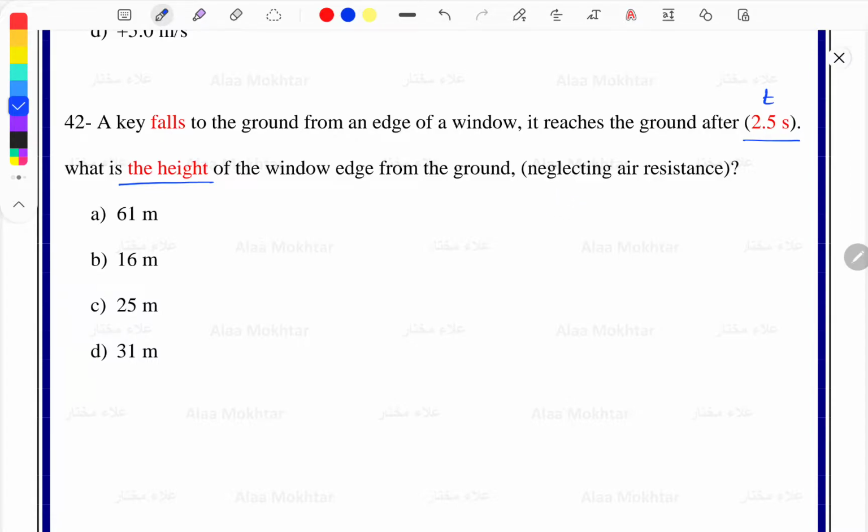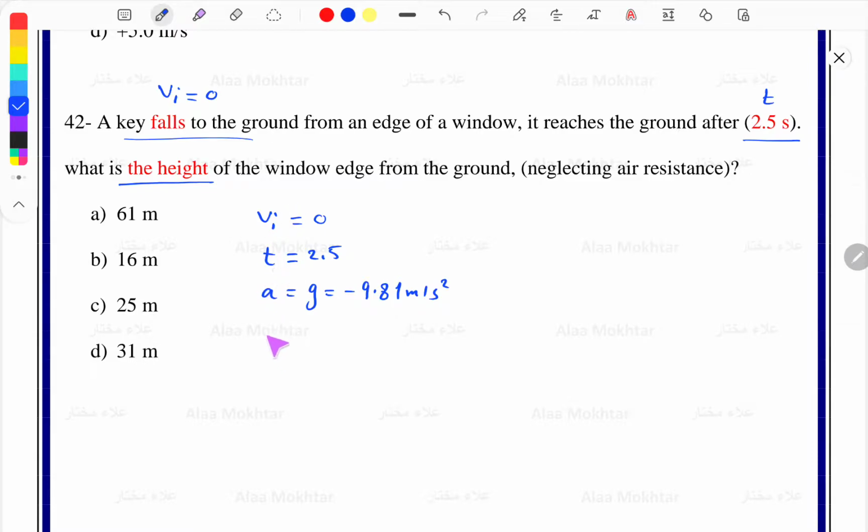Neglect air resistance. Okay, it falls, it means V initial equals 0. It takes time 2.5, and the acceleration equals gravitational acceleration. We can write it as negative 9.81 meter per second squared.